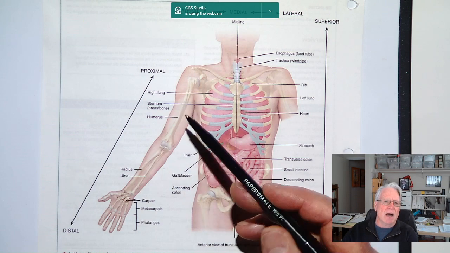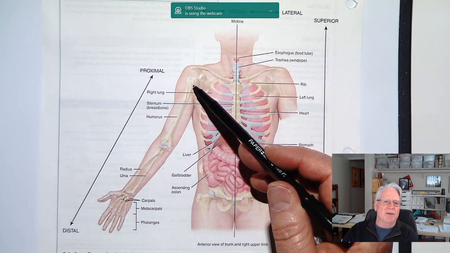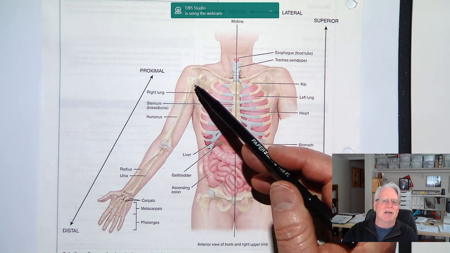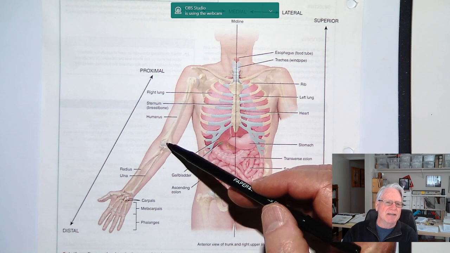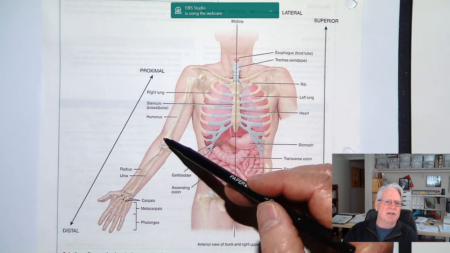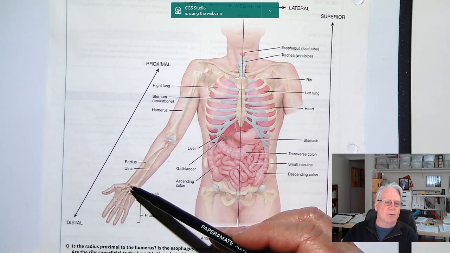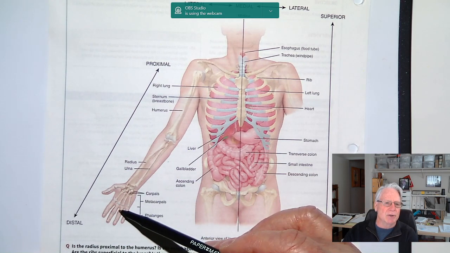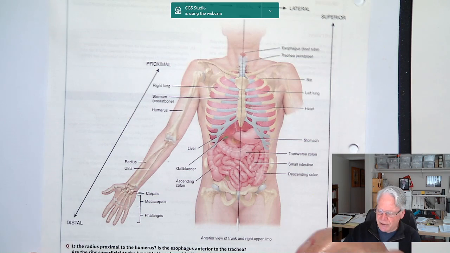I can say that the shoulder, or the head of the humerus, is the proximal end of this bone, and the end of the humerus that forms the elbow joint is the more distal end of that bone. I could say that the wrists are distal to the fingers. Okay? So that is how we use that.